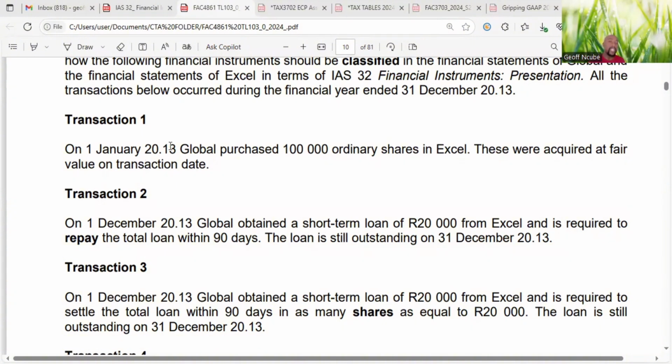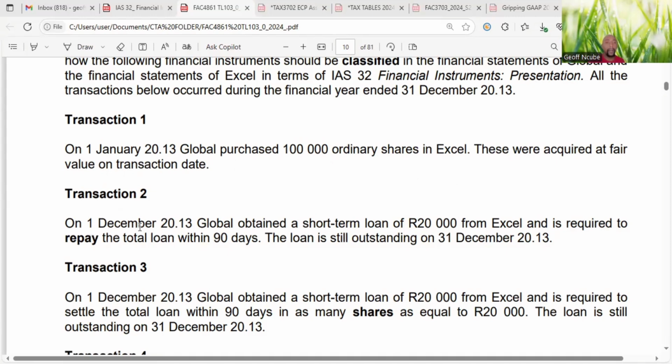So with this kind of setup, we have Global buying shares from Excel. When you analyze this scenario, you will find that there is no contractual obligation to deliver cash. So let's go to transaction two.